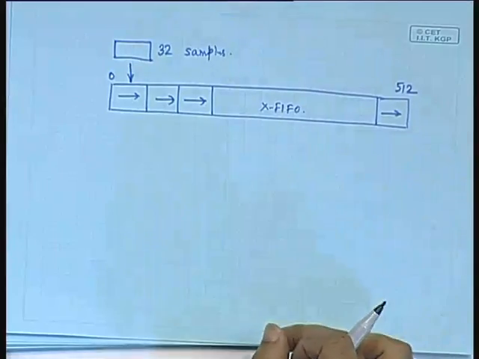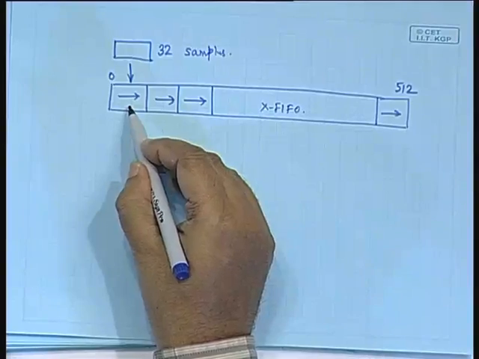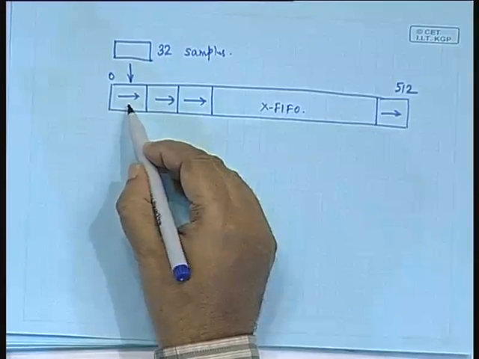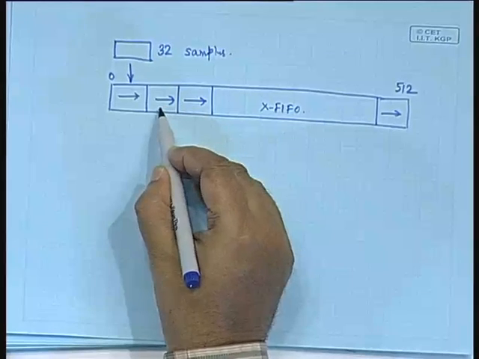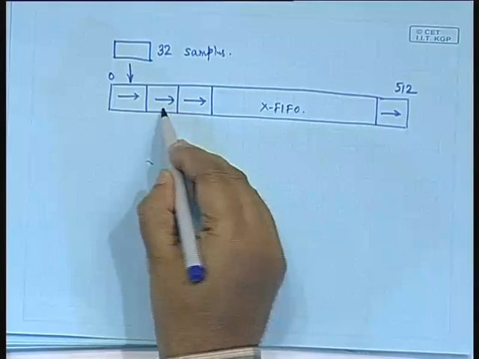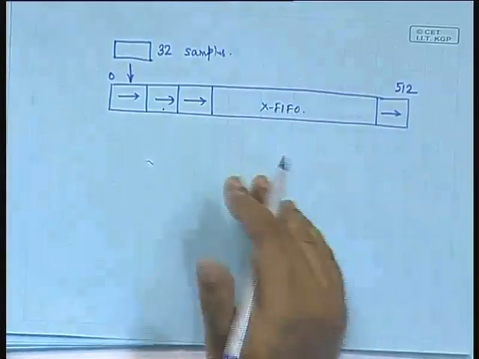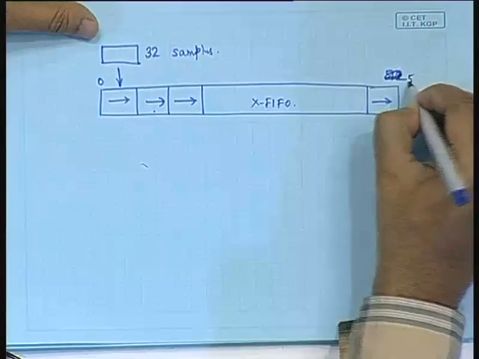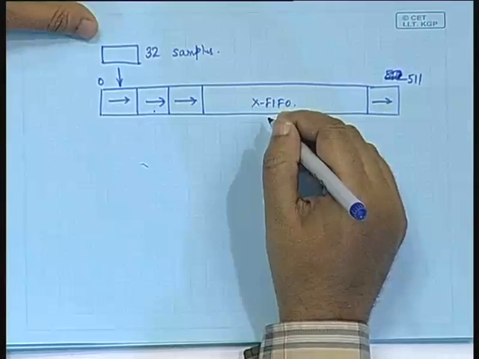So, the idea is that whenever 32 samples arrive, this is in the form of a shift register arrangement. That is to say that the current 32 samples will be stored over here, the earlier block of 32 samples will move to the next cell, the 32 samples which were there in this cell move to the next, and so on. Okay. So, totally we are storing 512 such samples. Okay. And this is 0 to 511, because we have 512 samples.